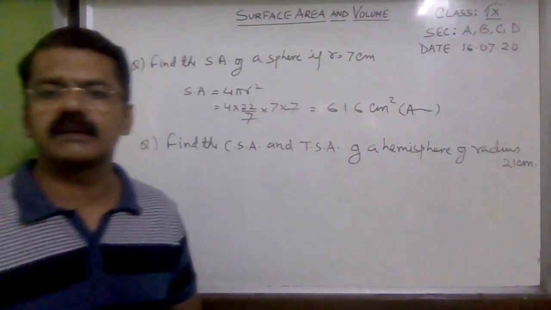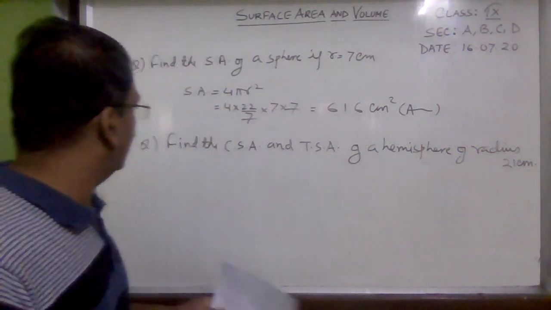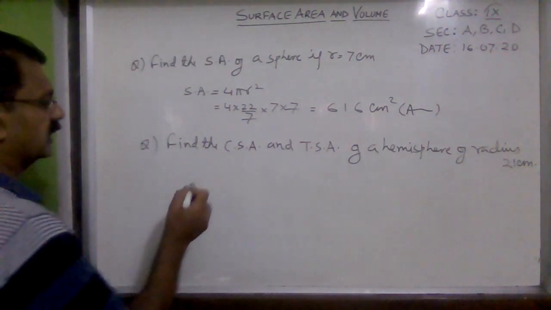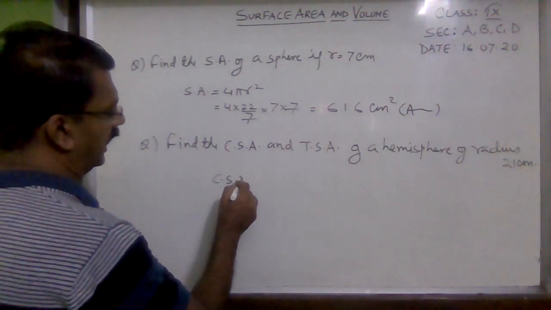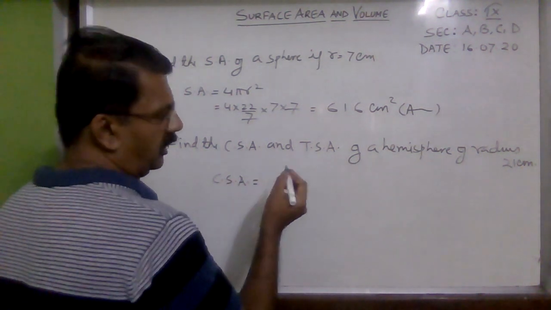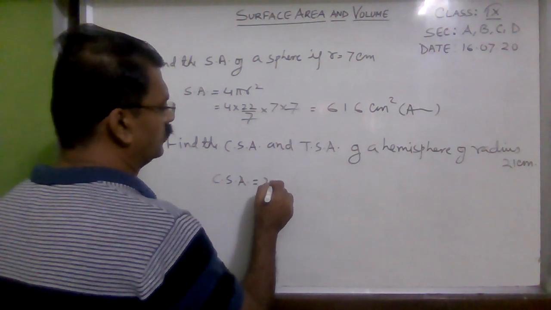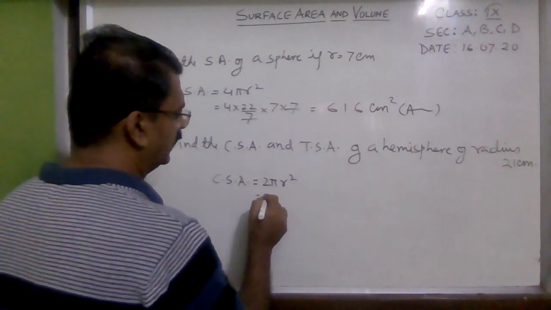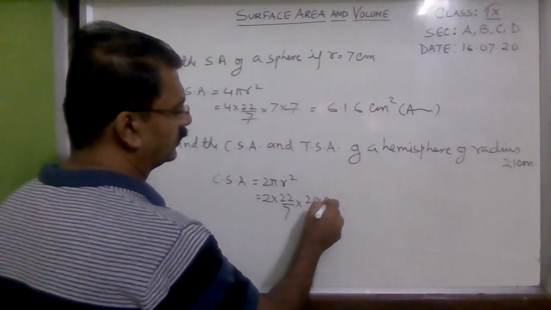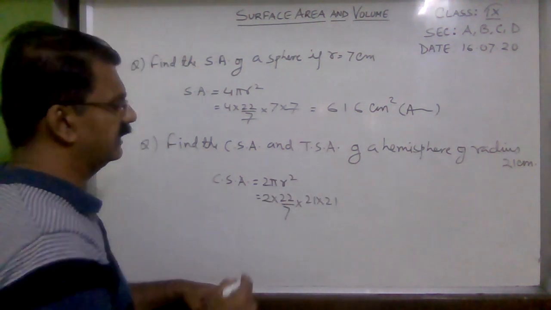The radius is given 21 centimeter and you have to find the curved surface area and total surface area. The curved surface area of a hemisphere is 2 pi r square, you know that, so 2 into 22 by 7 into 21 into 21, because the radius is given 21.